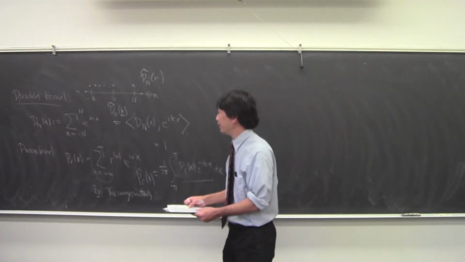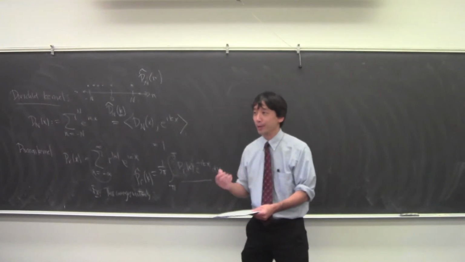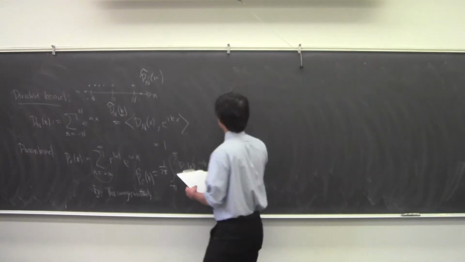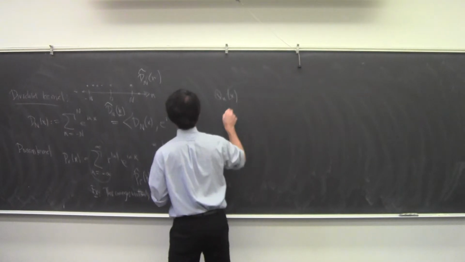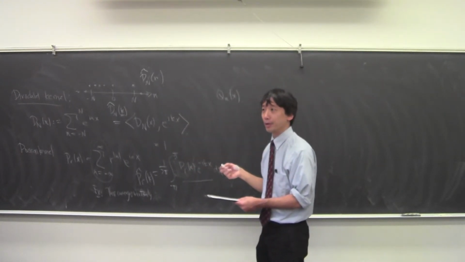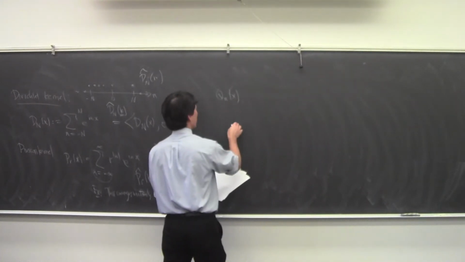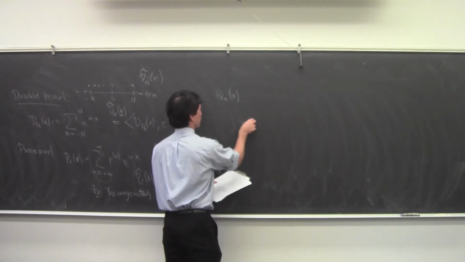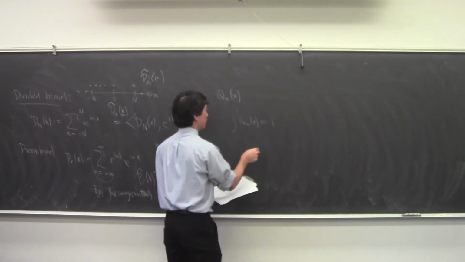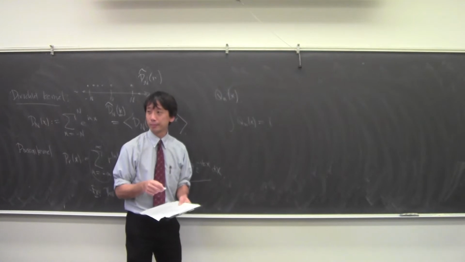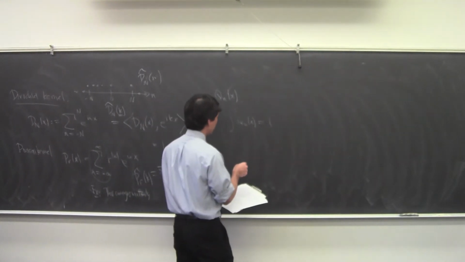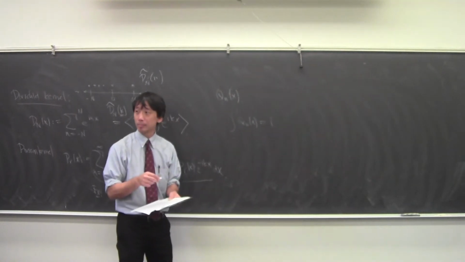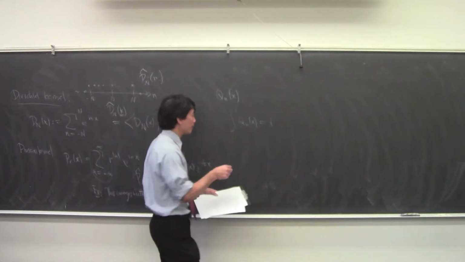So let's think of what was good about our kernel. Do you remember when we were doing the proof of the Stone-Weierstrass theorem? We had this kernel Q_n of x. What was good about the kernel? If you integrate it over R, it gives you 1. Yeah, the integral was 1. And if you fix any epsilon greater than 0, outside delta it converges.